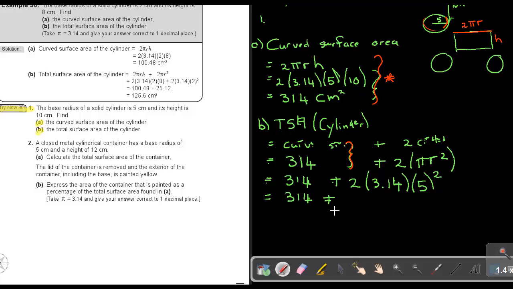You could actually have just said 2 times 3.14 times 5 squared, and that will be 157.